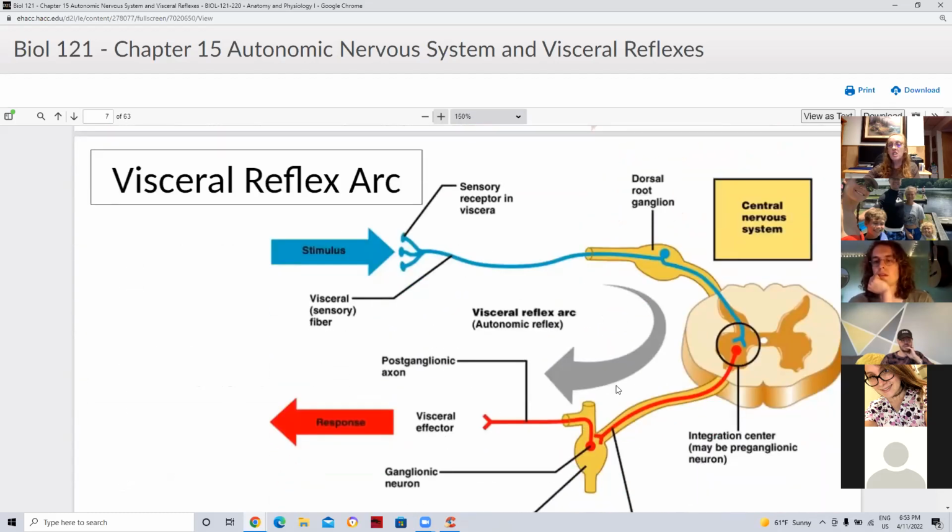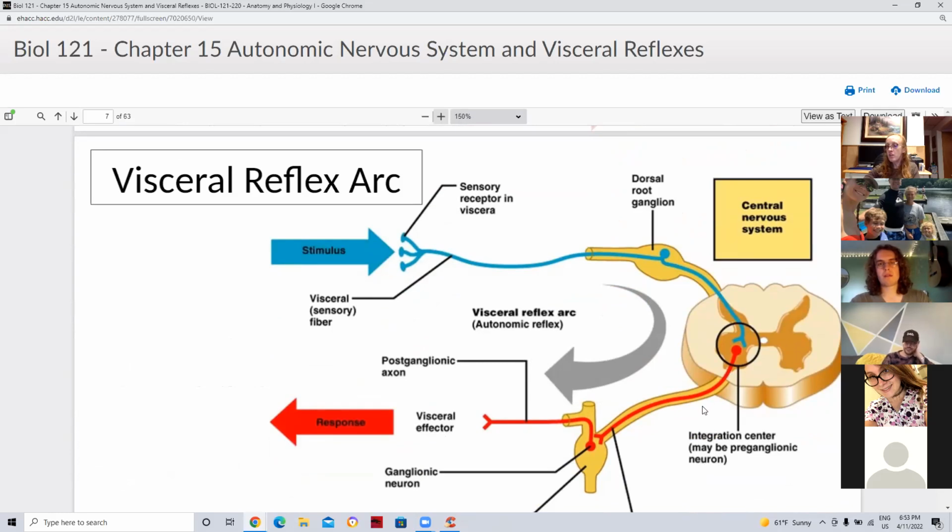Just like we had other reflex arcs, we have a visceral reflex arc. We have a sensory receptor, and a visceral sensory fiber or afferent fiber comes in through the dorsal root ganglion and synapses with a motor neuron or an interneuron.